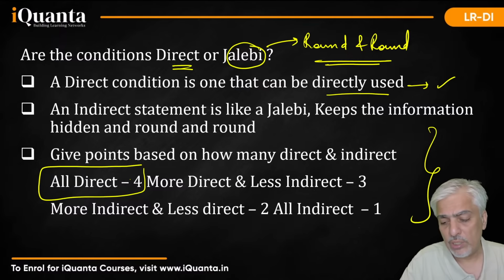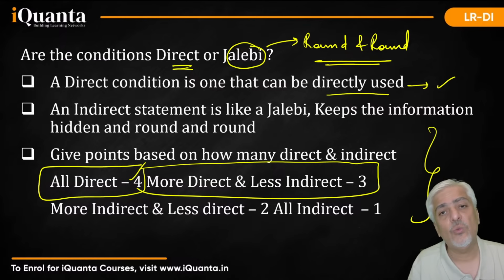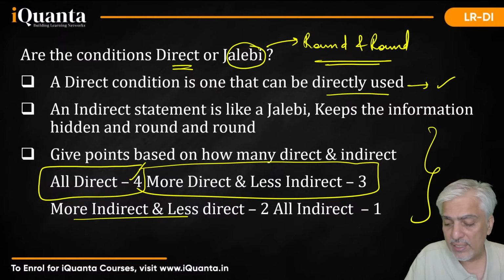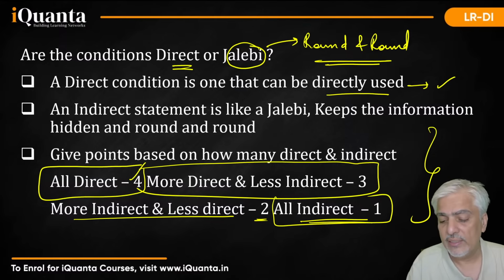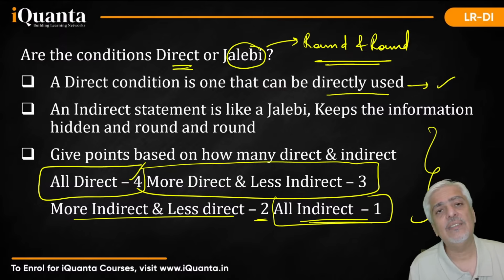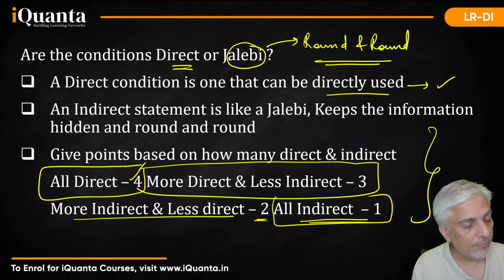All direct statements, I would give it 4 points. More direct, less indirect, I will give it 3 points. More indirect, less direct, I'll give it 2 points. All indirect, I'll give it 1 point. This is how I work on it. And this part is my favorite part. I do this every single time I look at sets.